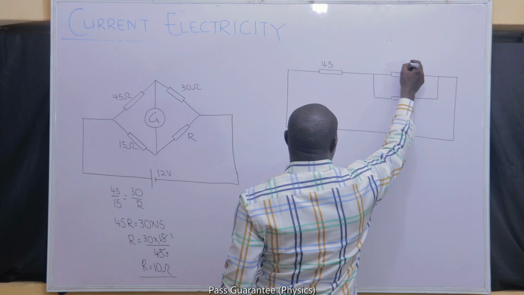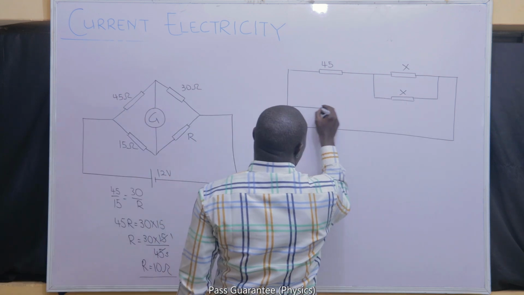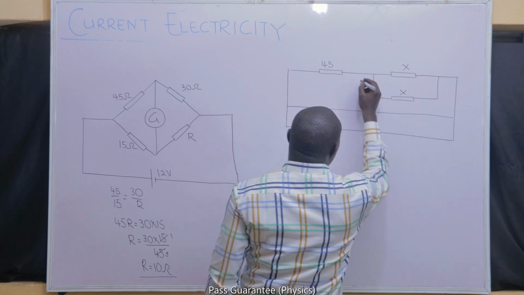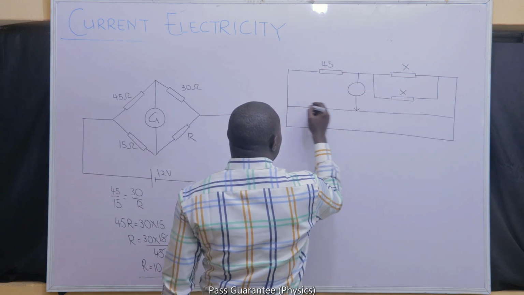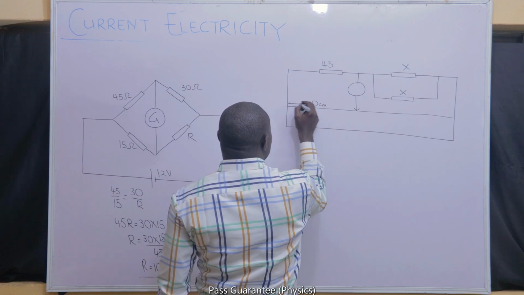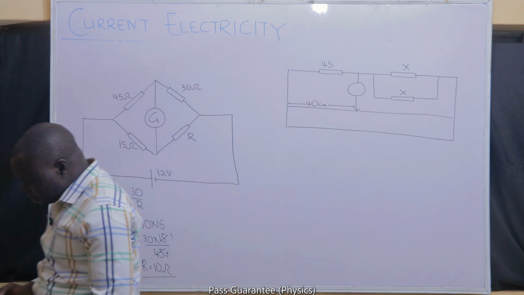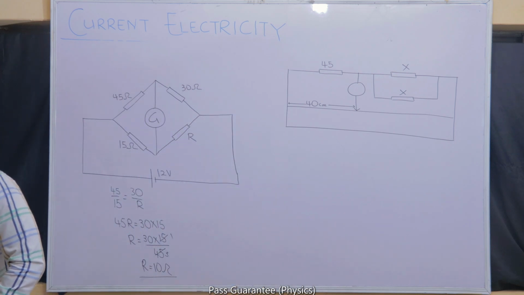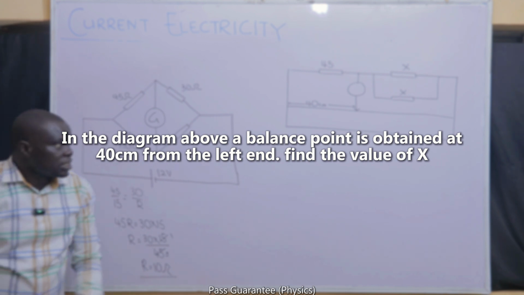We are told that this is X and this is also X. We are not given the value. We have a galvanometer, we have a meter bridge in the middle. The galvanometer recorded a balance point of 40 centimeters from this end to the other end. We are told that in the diagram above, a balance point is obtained at 40 centimeters from the left end. Find the value of X.